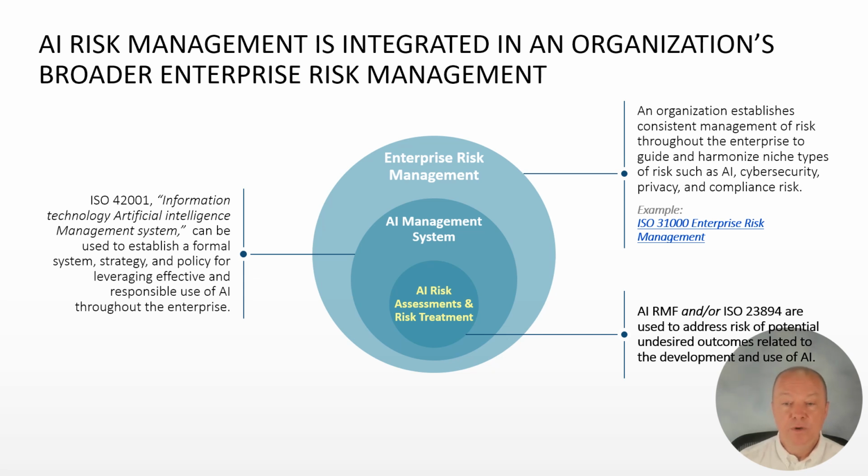It also complements and works with ISO's risk management approach that it established in ISO standard 23894. These can both be used in concert to better manage risk of potential undesired outcomes in AI development and usage.